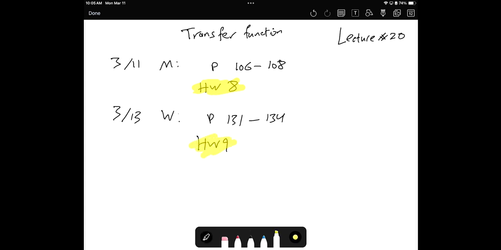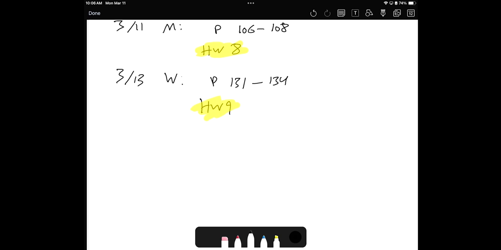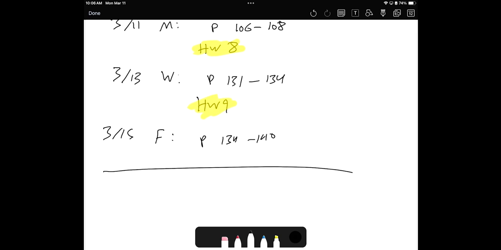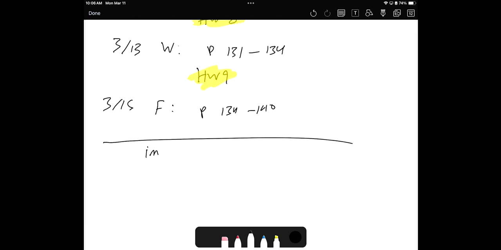Friday, the readings are from page 134 to 140, and of course the two important tables related to Laplace transformation and the properties, which are table 3.1 and 3.2, in pages, I think, 96 to 97.